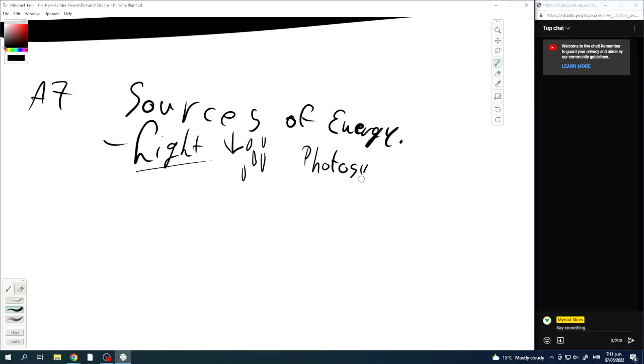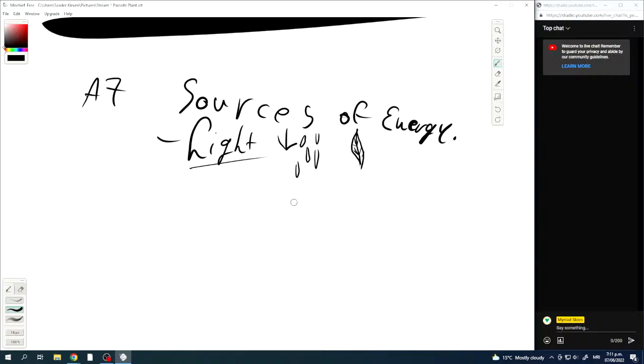photosynthesis. Why am I writing everything? You get it through photosynthesis, and there's not really many other ways of harnessing it, I don't think.